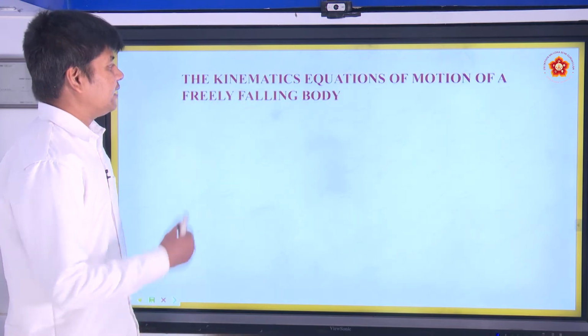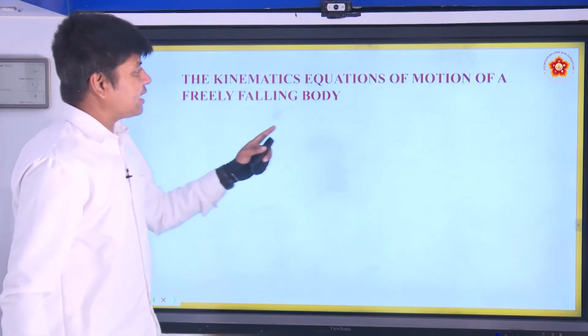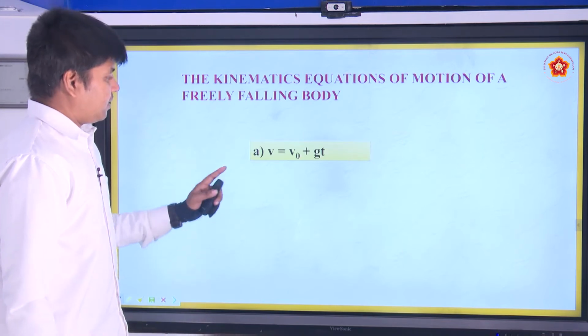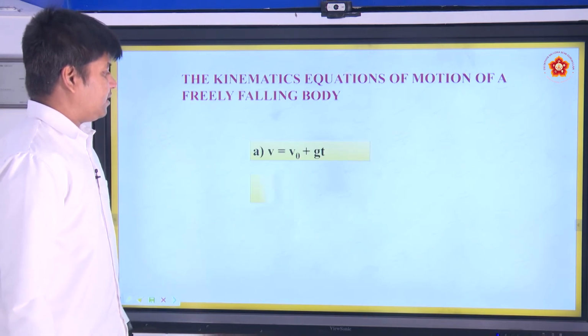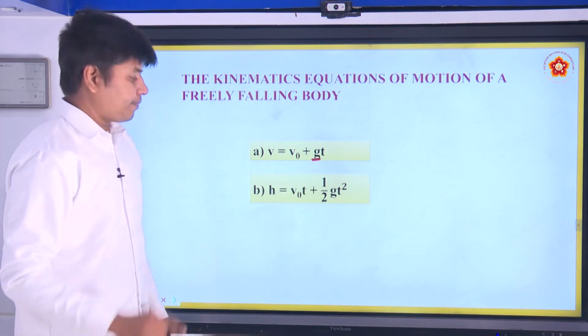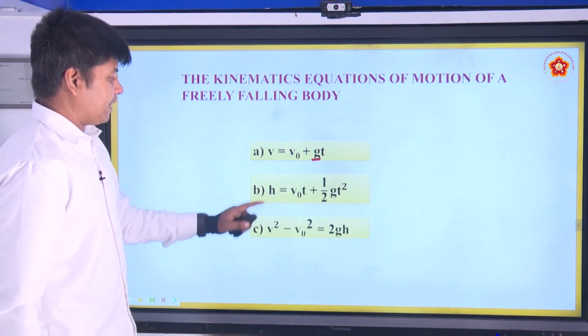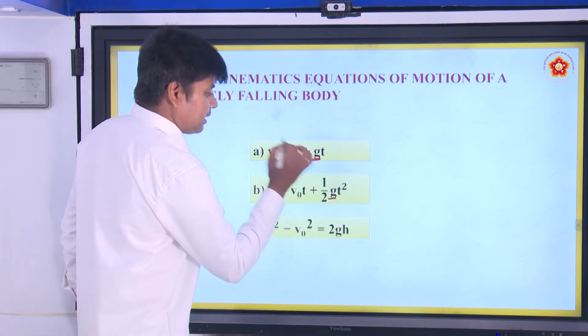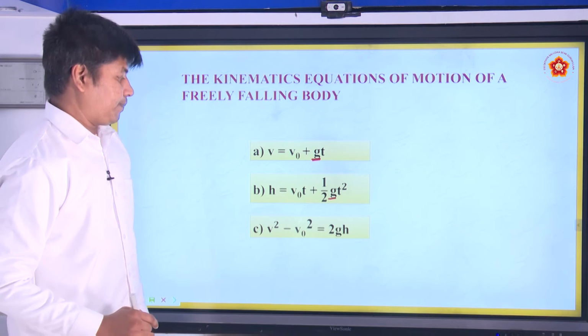Now let us see the equations of motion. The kinematic equations of motion of a freely falling body: we already derived v equal to v naught plus gt. Here you can see a is replaced by g, s is replaced by h, and here also a is replaced by g.